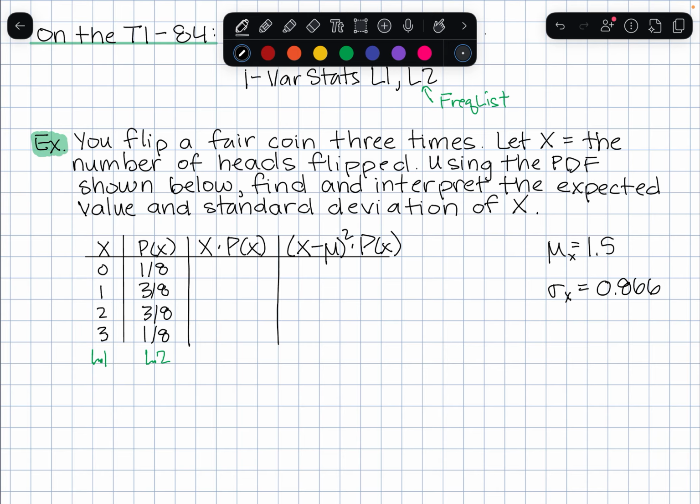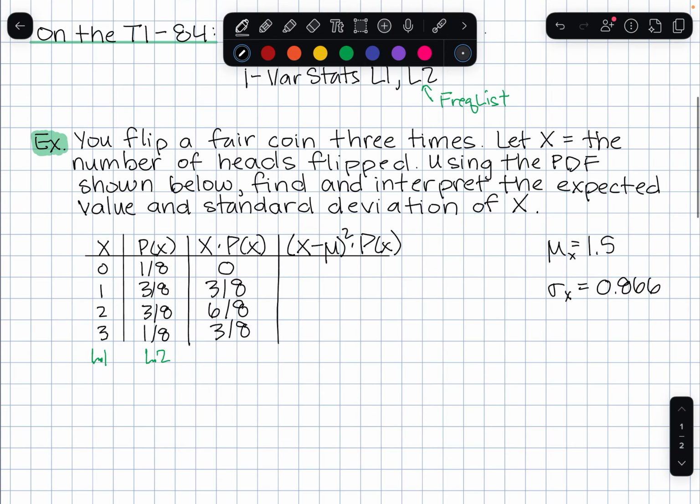So for x times p of x, I'm just multiplying across this column. 0 times anything is 0, 1 times anything is itself, 2 times 3/8 is going to be 6/8, and 3 times 1/8 is going to be 3/8. I'm going to add down, and that's going to give me my mean.